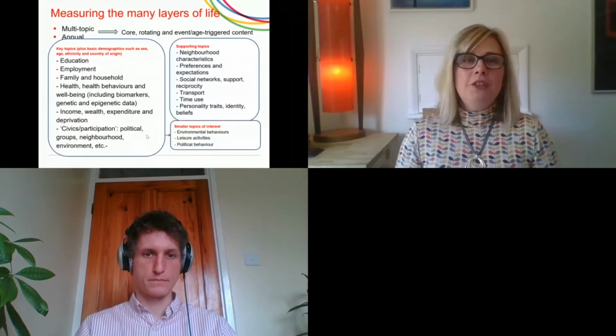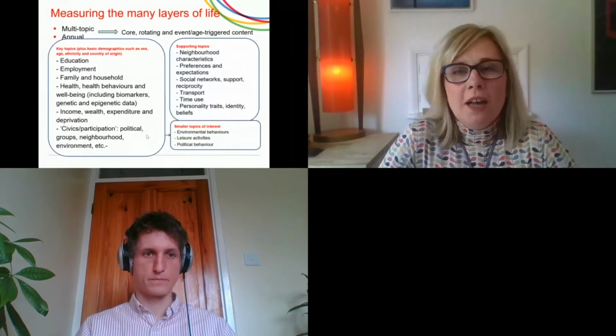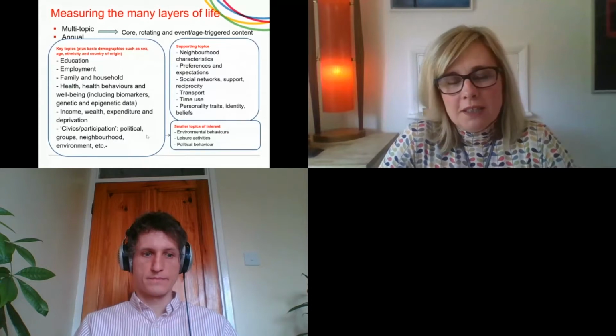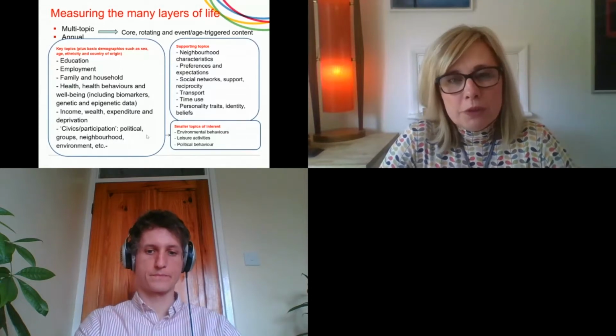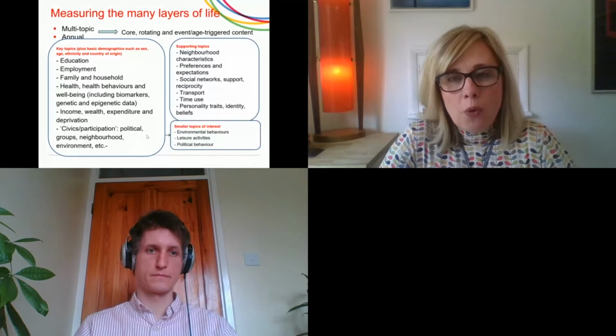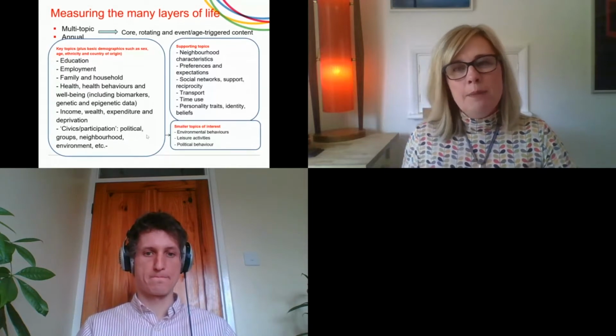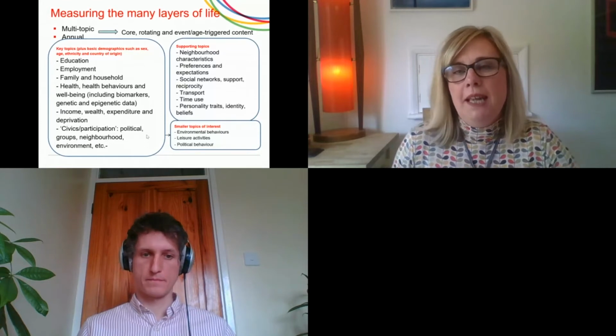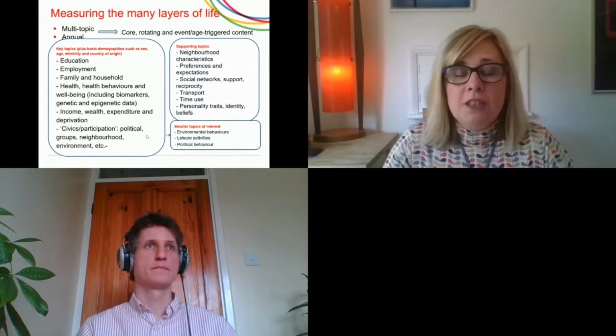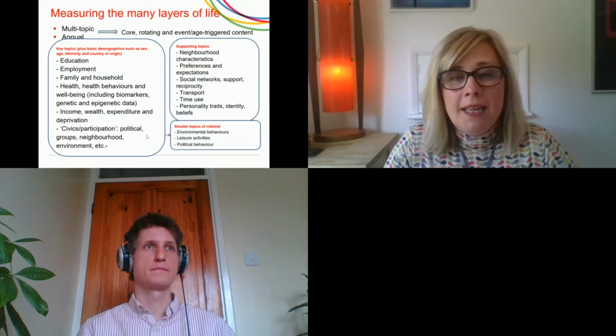Okay, so hopefully you're now on the slide measuring the many layers of life. So that's exactly what Understanding Society does. We're a multi-topic study with rotating and event and age triggered content. I'll talk a little bit more about the event and age triggered content in a little while. But first, I'd just like to draw your attention to our key topics, which are listed on the left here.